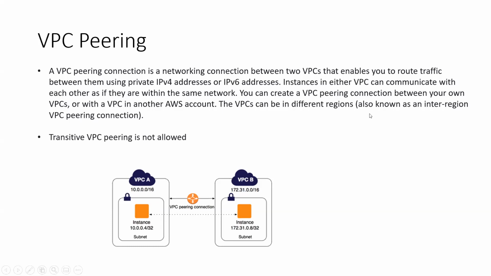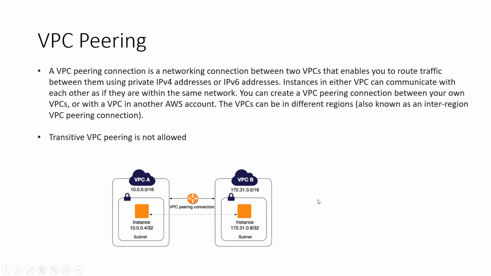And especially this inter-region VPC peering. If I have one in Asia Pacific, somewhere in Singapore, and the other one here in the US East, I'll be able to connect to these instances directly from my VPC.